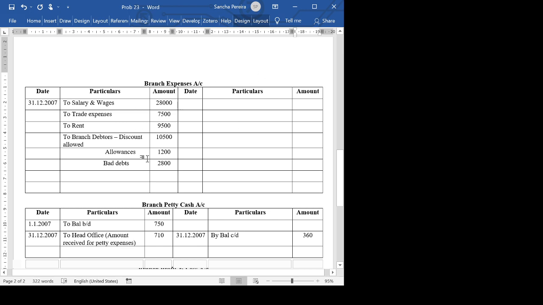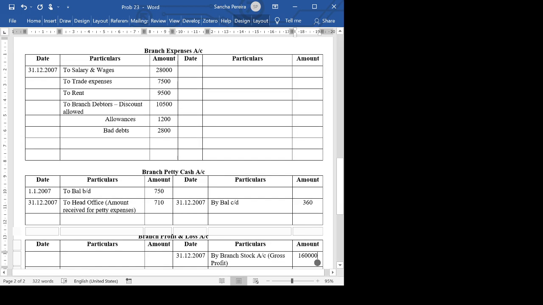But can we total this directly, or do you think something else needs to come in the branch expenses account?